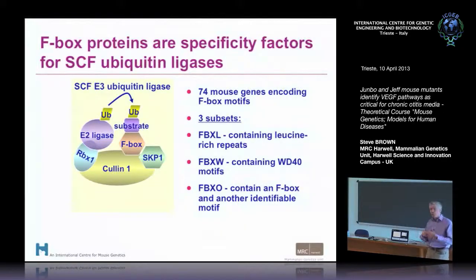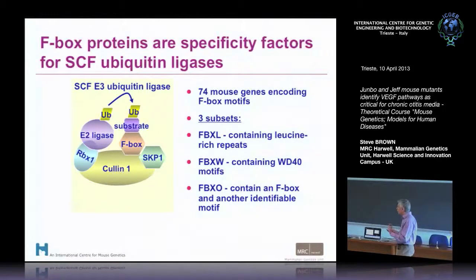So they're responsible for bringing particular molecules to the proteasome for ubiquitination and degradation. And we know something, as I'll come on to describe, about the proteins that this FBOX protein is bringing for protein degradation, but suffice to say that it's involved with turnover of proteins.